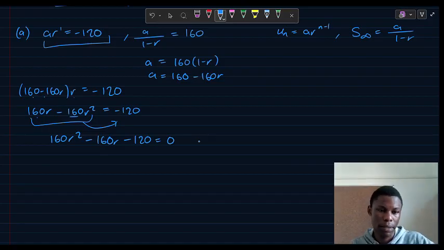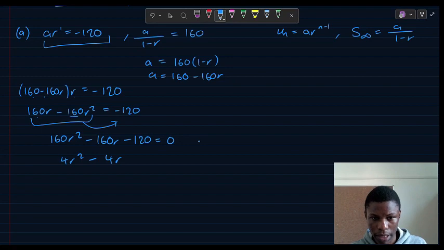Is it 40? 16 over 4 would give me 4. Yeah, we can divide through by 40, and we'd have 4R squared minus 4R, then 120 over 40, 12 over 4, that's 3, is equal to 0.